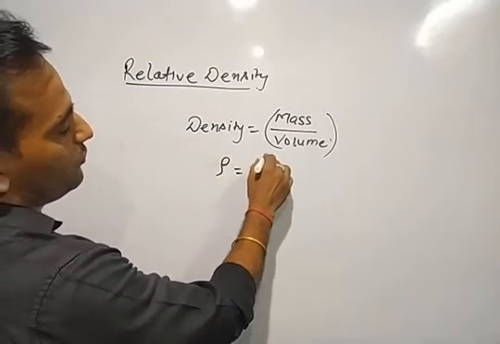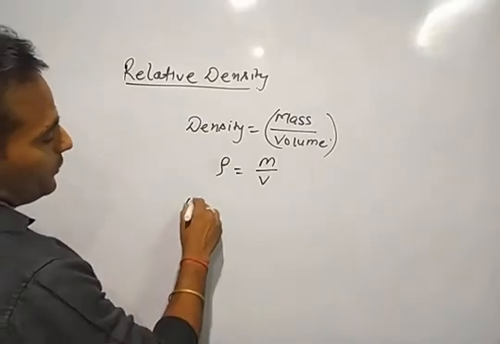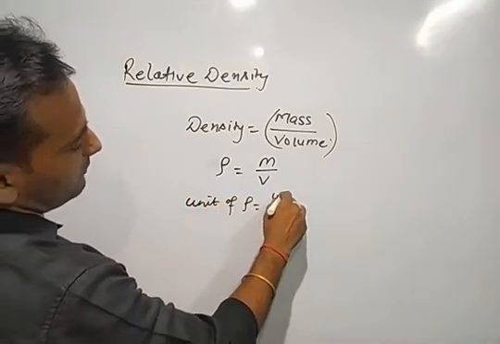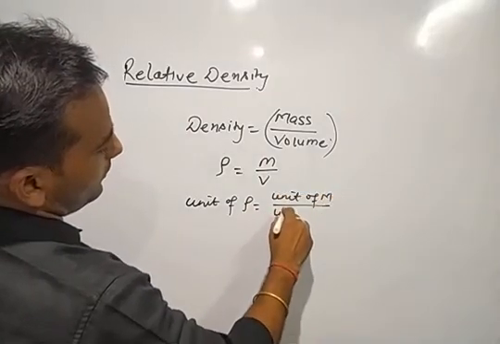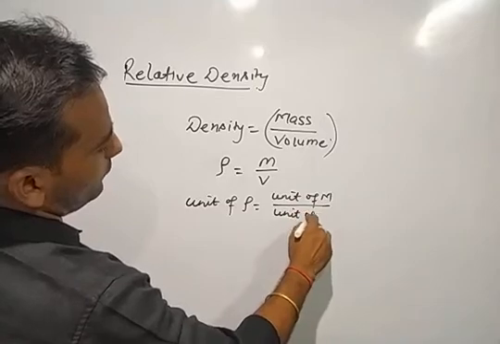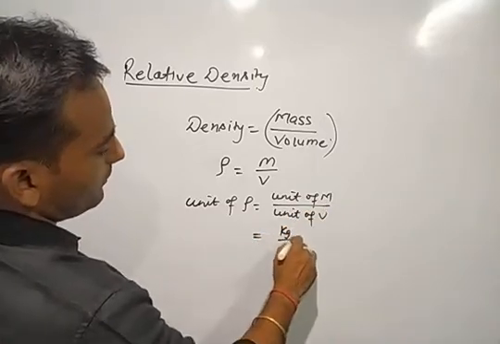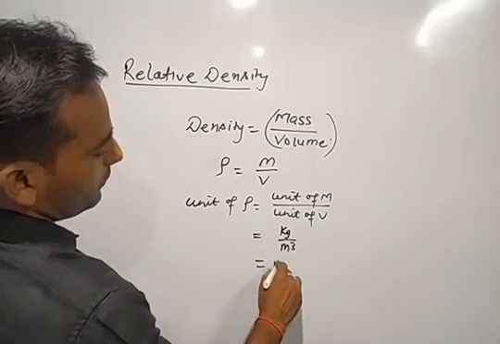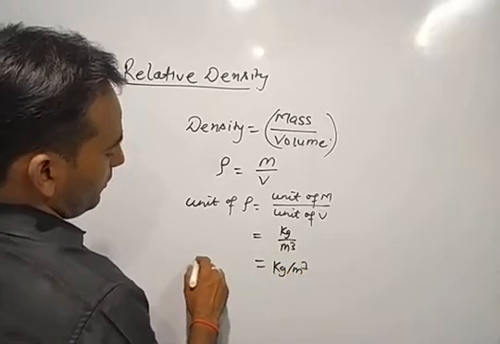Rho is equal to m upon V. If we talk about the unit of density, that means the unit of mass upon the unit of volume. As we all know, the unit of mass is kilogram and the unit of volume is meter cube. So, kilogram per meter cube is the unit of density.